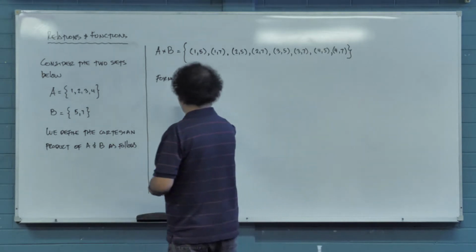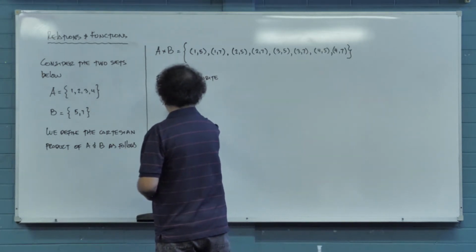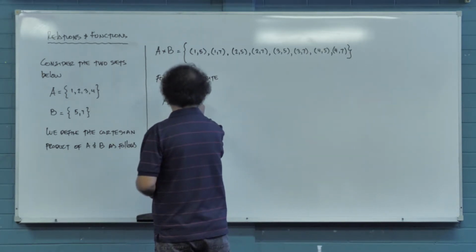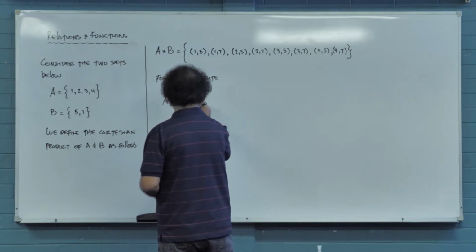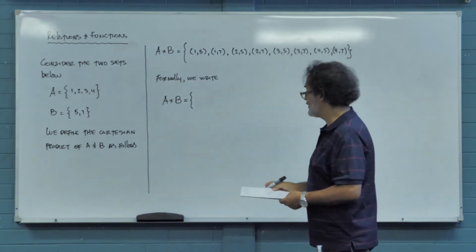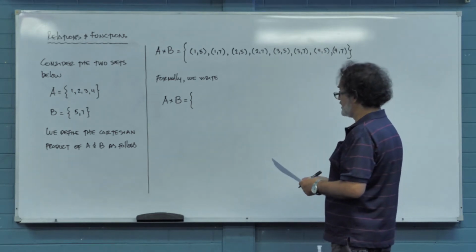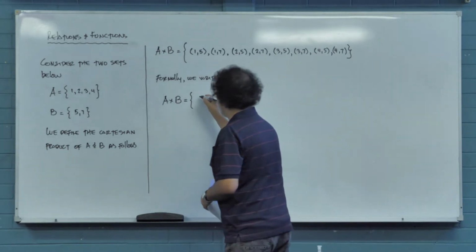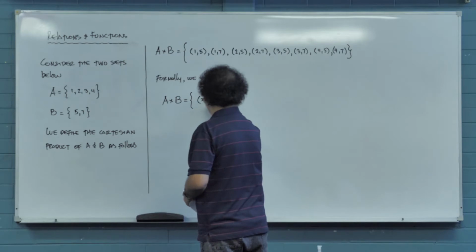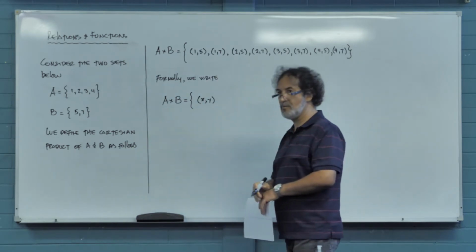So we're going to say A times B, in general, is going to be the set of points of the form (x, y).